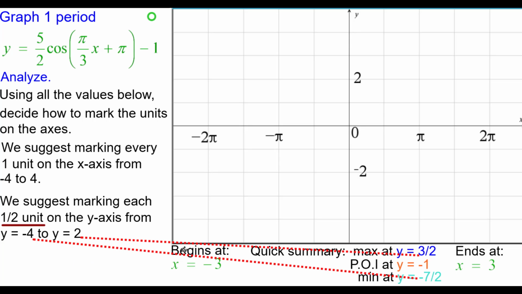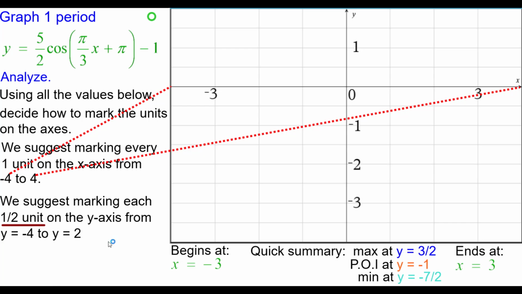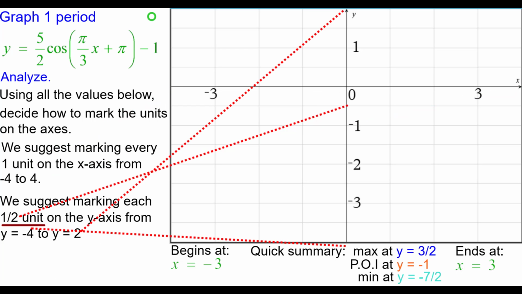On the y-axis, we think you should show every half unit and maybe go down to negative 4 and up to positive 2. Pause to do that. So you can see mine goes from negative 4 to 4 and from negative 4 to 2 and showing every half unit along the y-axis.